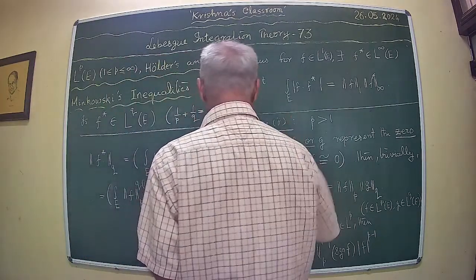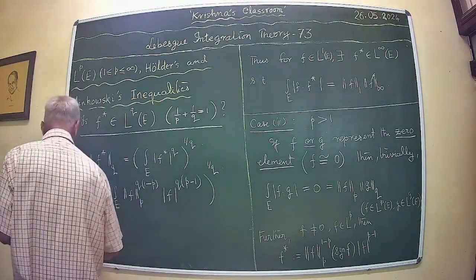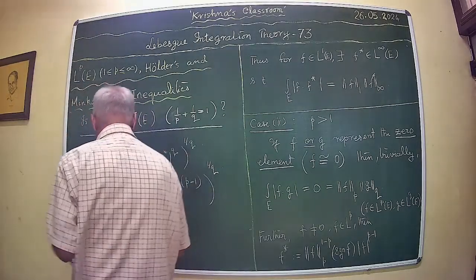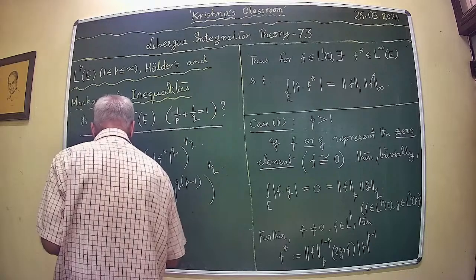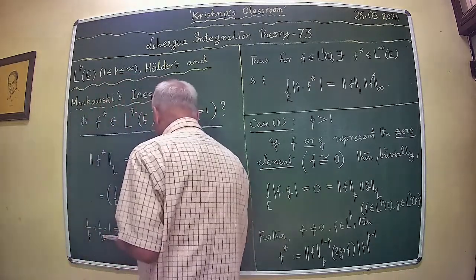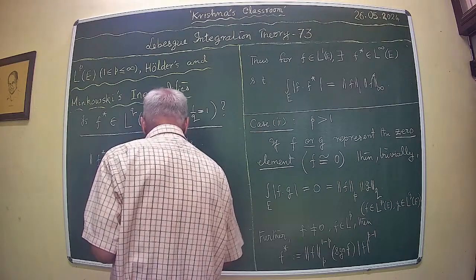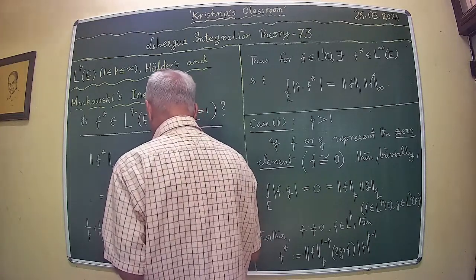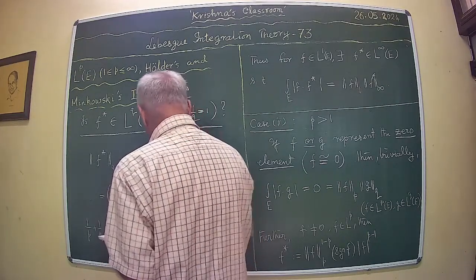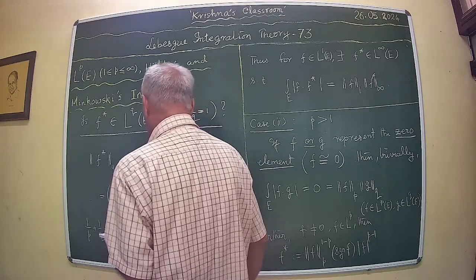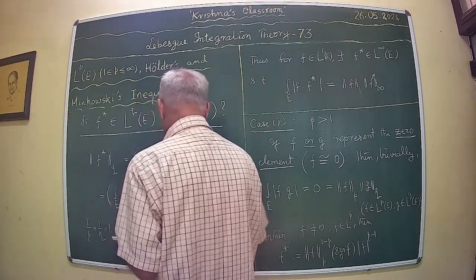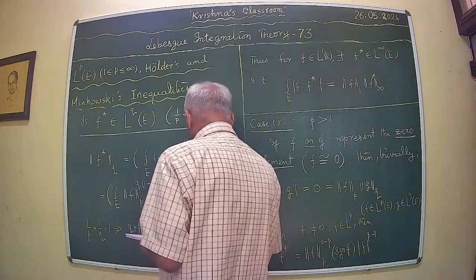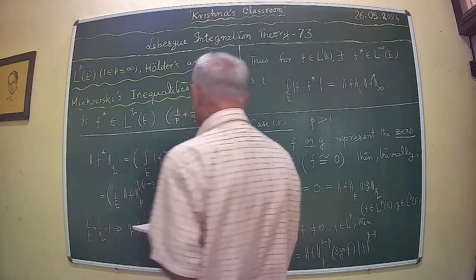What you have is 1 by P plus 1 by Q equal to 1. It implies Q equal to, or P equal to, Q into 1 minus.